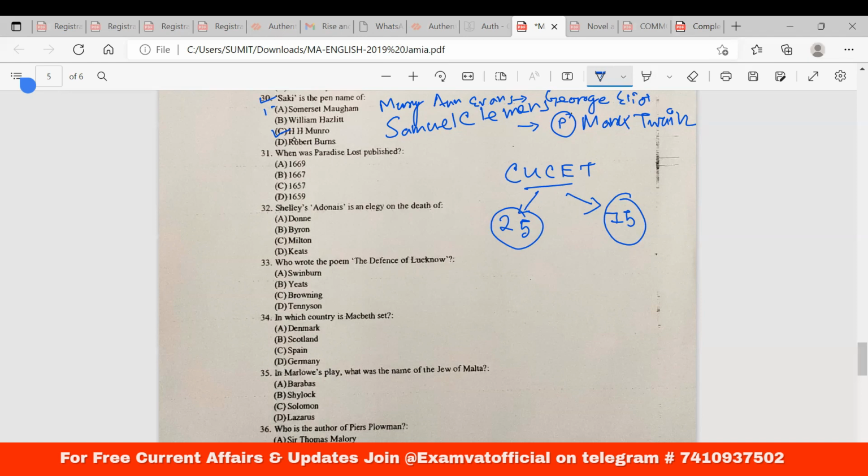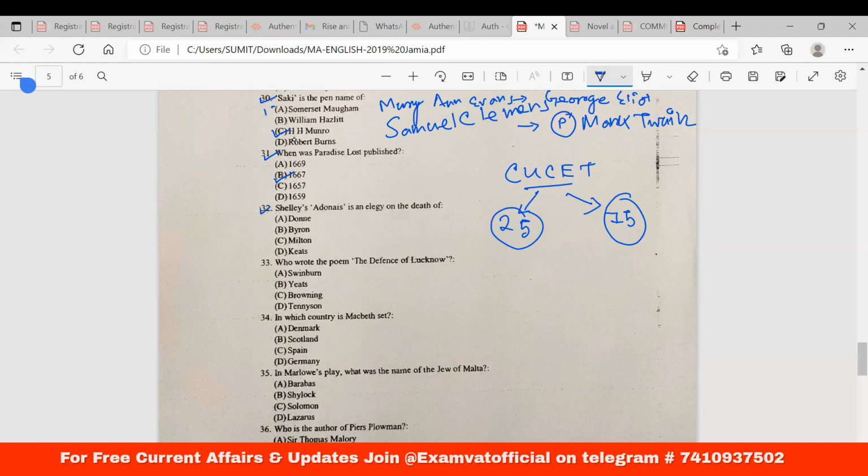Then, when was Paradise Lost published? 1667 is the year when Paradise Lost was published. So again, regarding a few classic books, a few cult books, you will get a list of the publication years. That is the formula.